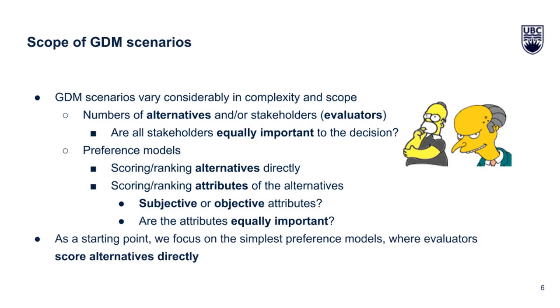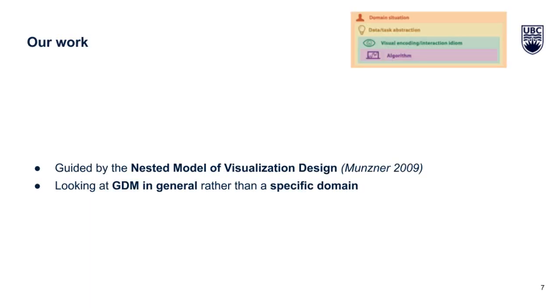For objective attributes, the stakeholders provide preferences over the outcomes of the objective assessment. Finally, the attributes may be weighted differently. Given the complexity of the GDM scenario space, as a starting point, we focus on the simplest preference models, where evaluators score alternatives directly.